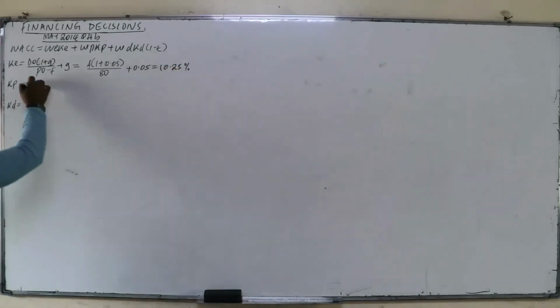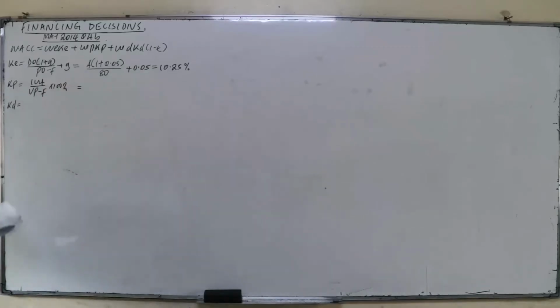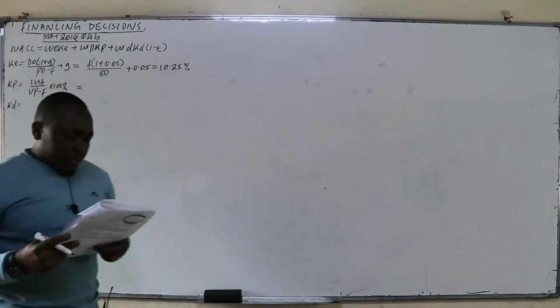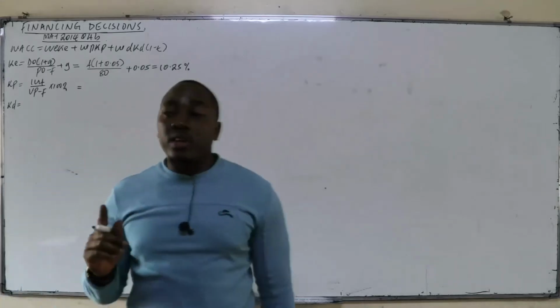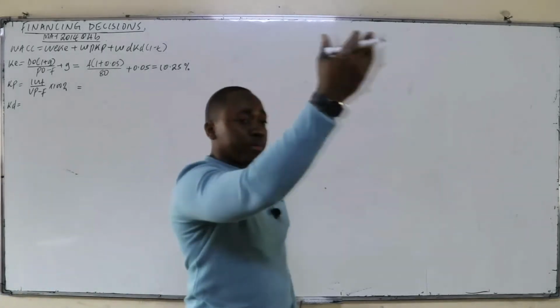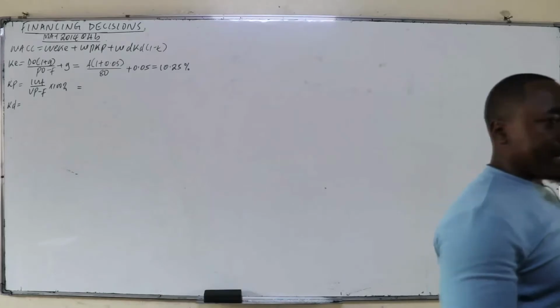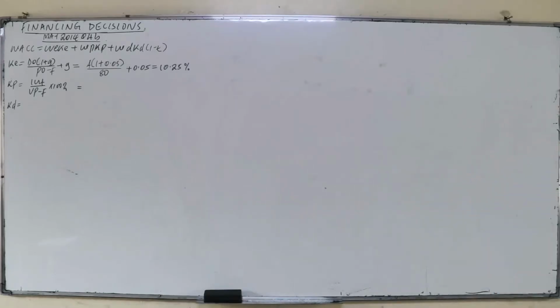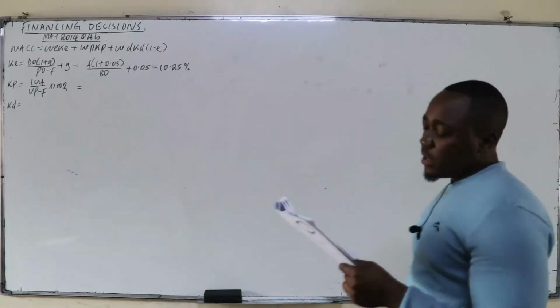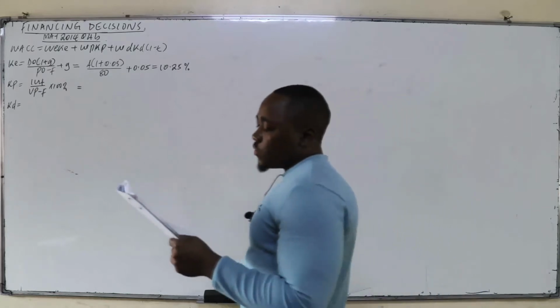Then you get the cost of preference. To get the cost of preference, you take the dividend over the value of the preference minus flotation, in case there is any flotation, times 100%. In note number 4, we are not talking about the existing preference, we are talking about the new preference, so that means it is new capital. The new preference share can be sold at 120 per share with a dividend of 12 per share.